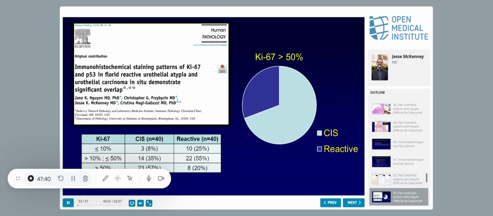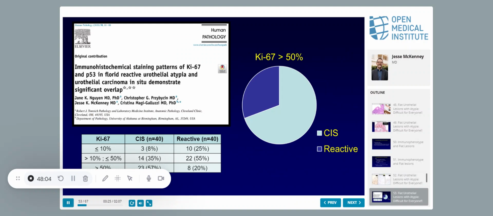We wanted to try to end this, so we did this paper just to prove to people to please stop doing this. And if you want to see the overlap, 8% of the CIS cases had less than 10% Ki67. And you could say, oh, but it's only 8%. But what if your case is one of those 8%? It's close to 10%.